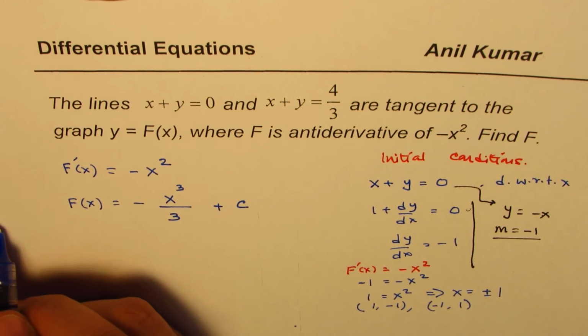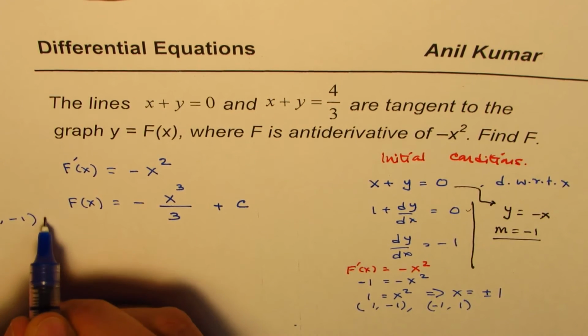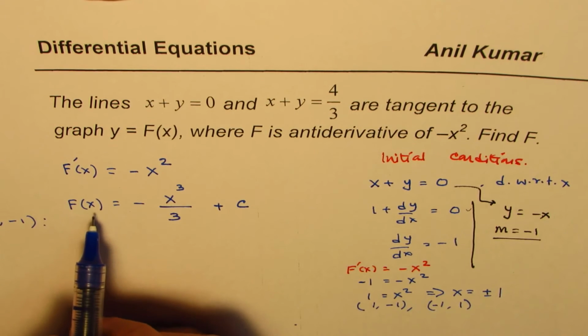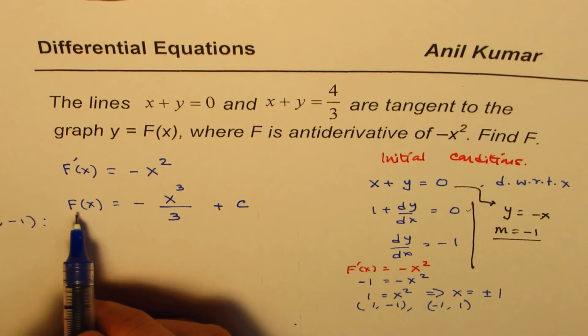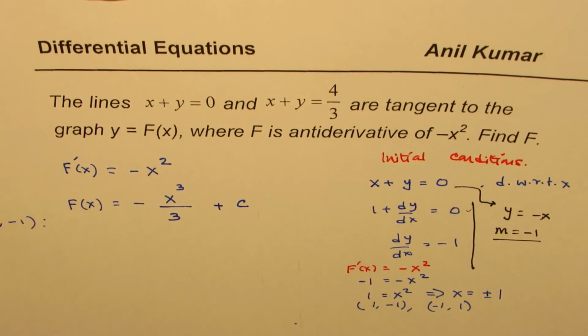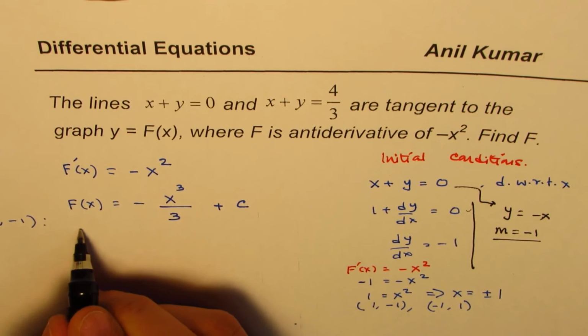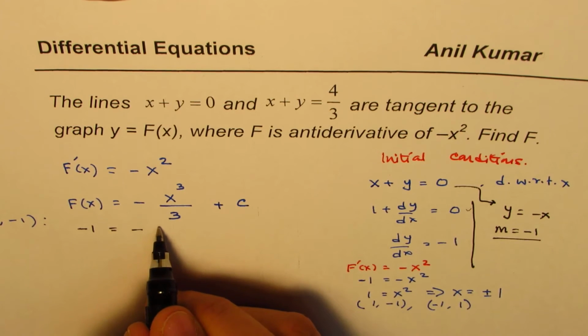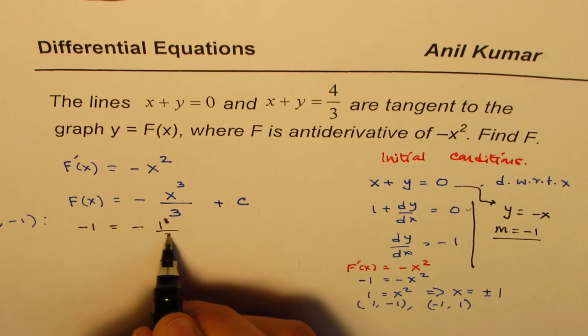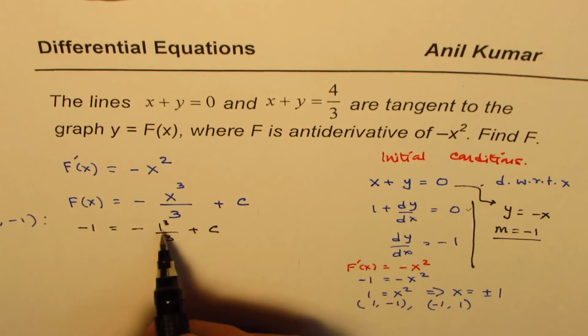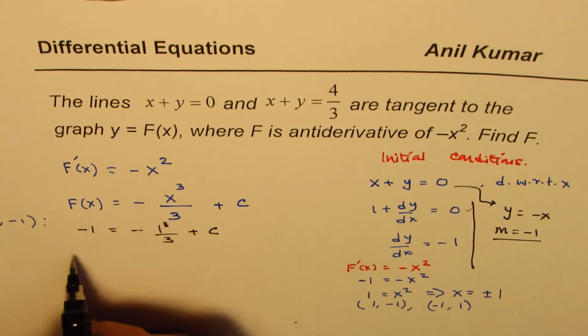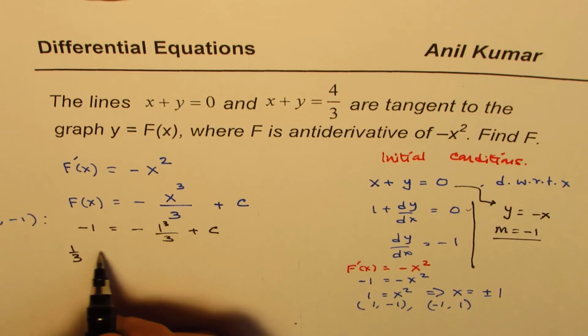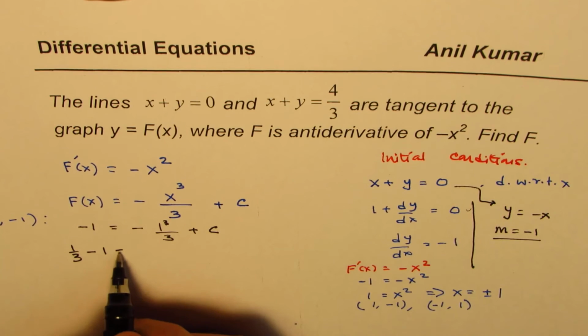So taking the point 1 and minus 1 on this function, we get y value is minus 1. So let's substitute minus 1 here. So this is minus 1 equals minus, x value is 1, so 1 cubed over 3 plus c. Bringing it to the left side, we get 1 over 3 minus 1 equals c.